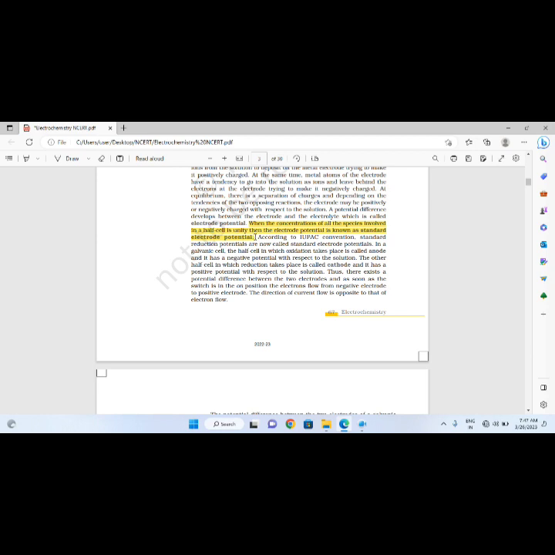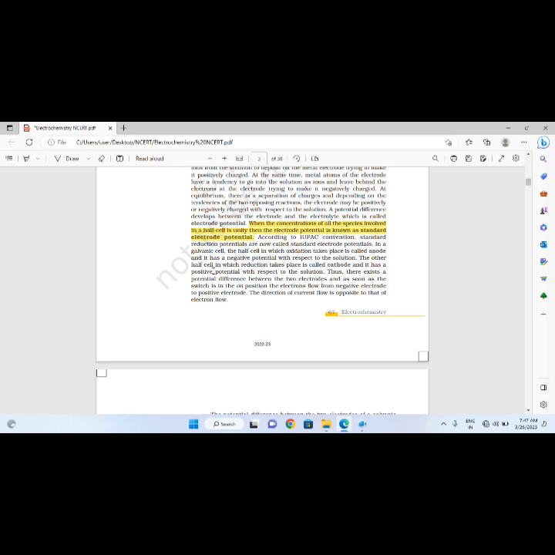And here is given the IUPAC convention: the standard reduction potentials are now called standard electrode potentials in a galvanic cell. The half cell reaction in which oxidation takes place is called the anode, and it has a negative potential with respect to solution.